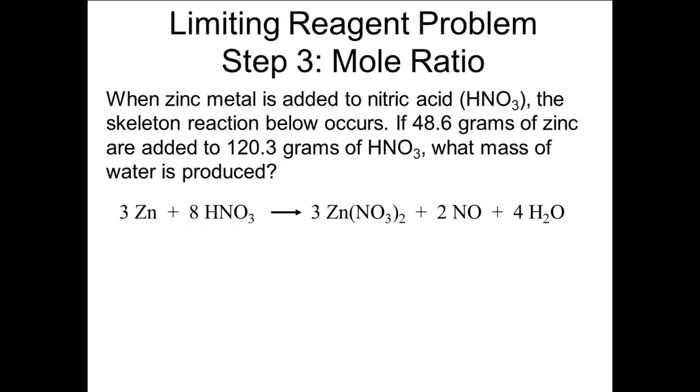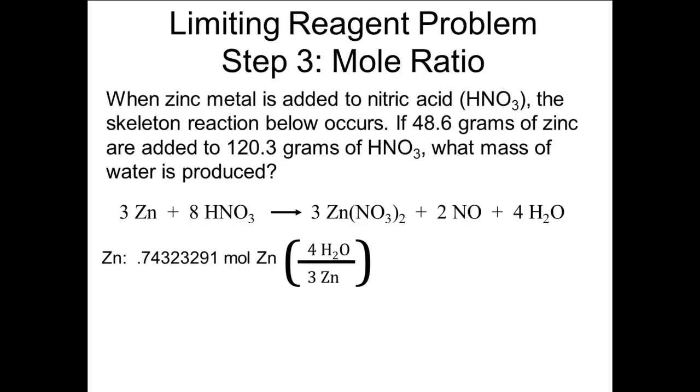The third step is to use the mole ratio to find the moles of the unknown. We take the moles of the given and multiply it by the mole ratio. For zinc, we have 0.74323291 moles of zinc. The unknown is water, so the mole ratio is 4 H2O over 3 zinc. This gives us 0.990977214 moles of water.